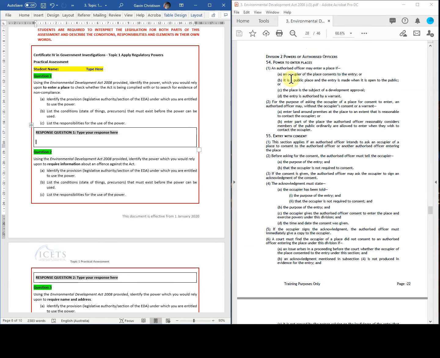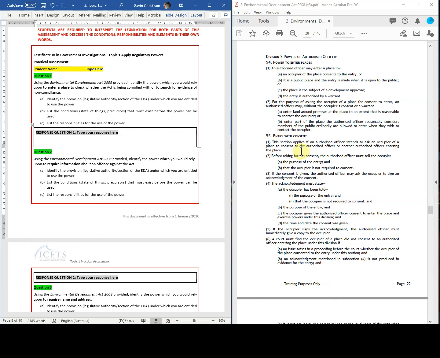Section 54, the occupier consents to the entry, 54(1)(a). We look at section 55, an entry with consent has certain requirements to be met. So we have responsibilities under section 55 where entry is made under section 54(1)(a). So these need to be thought about in terms of our responsibilities.